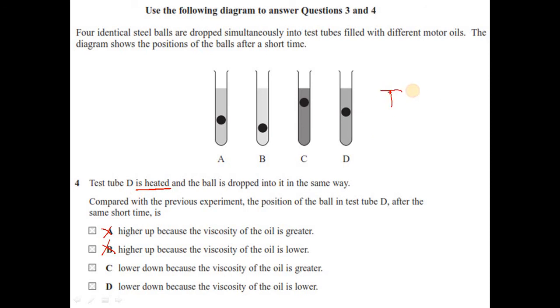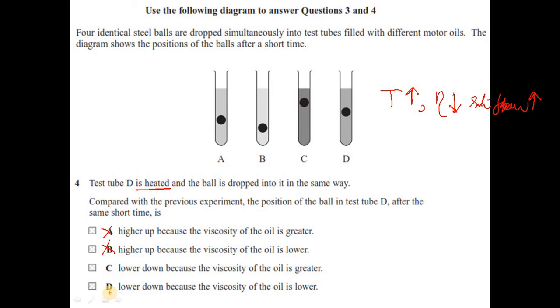So if temperature is increased, that means viscosity is decreased. So the rate of flow is also increased. So it's easy to flow for that kind of liquid. So the position of the steel ball cannot be higher up than the previous one. That's why options A and B are immediately gone.